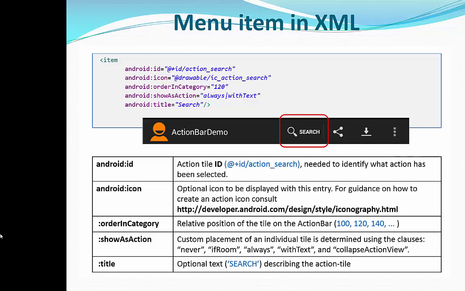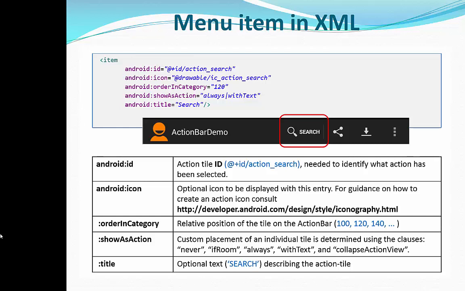You notice we use right now both always and withText. Sometimes only always, sometimes never. And this will give the toolbar an idea where to place your item elements. Number five, optional text describing the action title, if you want to describe the title.